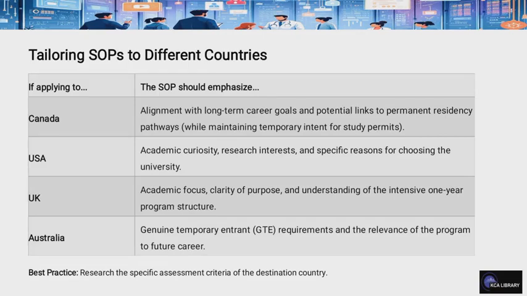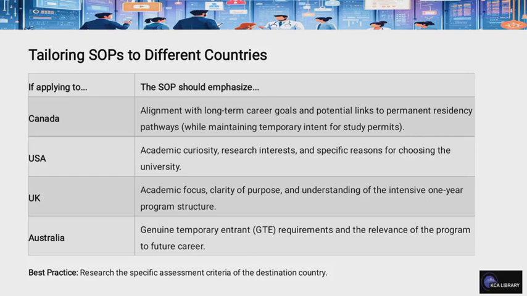In tailoring the SOP to different countries, if you are applying to Canada, your SOP should emphasize the alignment with long-term career goals and potential links to permanent residence pathways, while maintaining temporary intent for study permits. For the US, your SOP should emphasize academic curiosity, research interest, and specific reasons for choosing the university. For the UK, it should emphasize academic focus, clarity of purpose, and understanding of the intensive 1 year program structure.